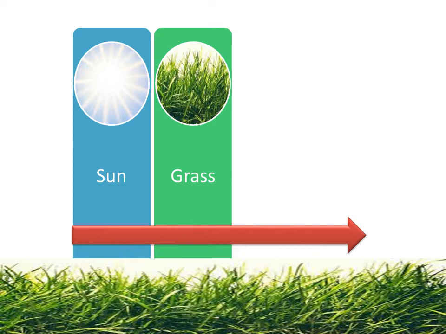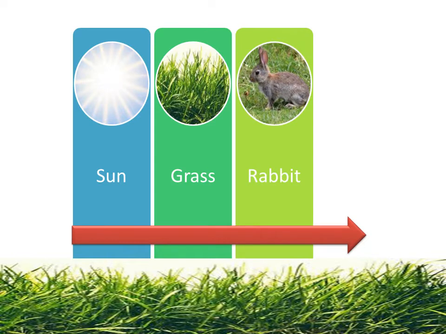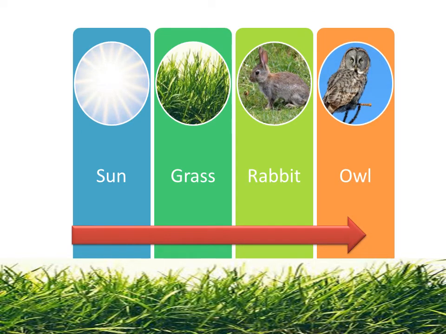They are producers because they are able to make their own food and they don't depend on other organisms for food. The rabbit is a consumer because it eats other organisms. Here the rabbit eats the grass. The owl is another consumer, but it eats the rabbit and not the grass in order to get the food.